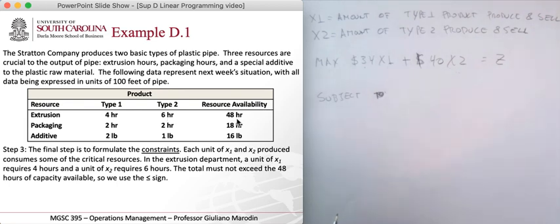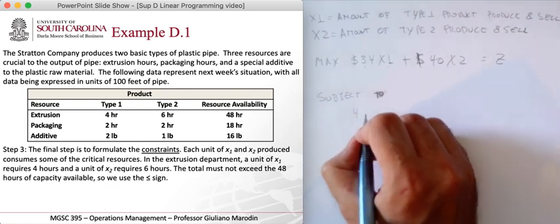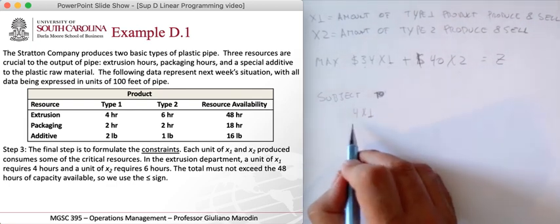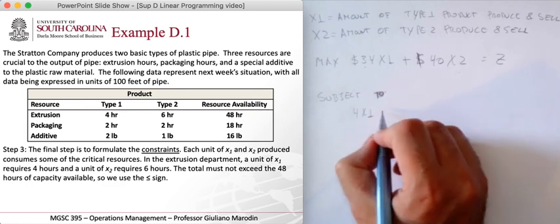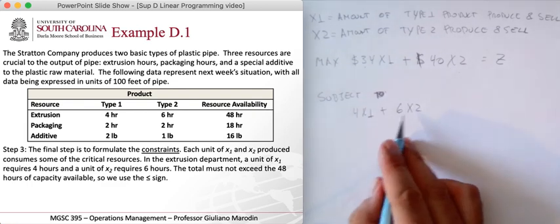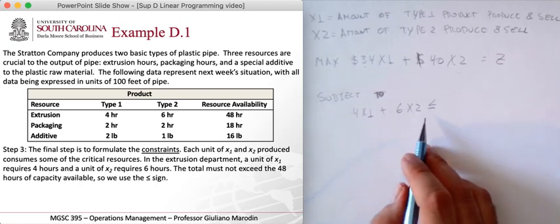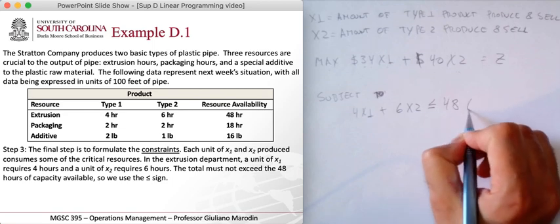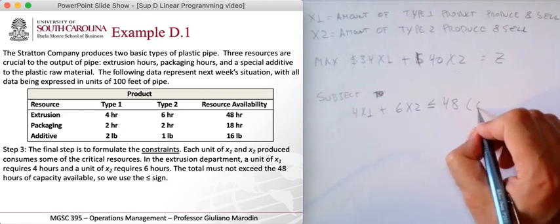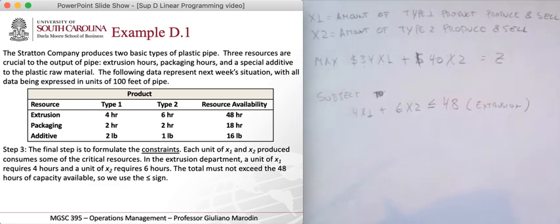So voila, that's the constraint, right? 4 times X1, so for every X1, 4 hours, plus 6 X2, has to be lower than or equal to 48, right? And that will be my extrusion constraint.